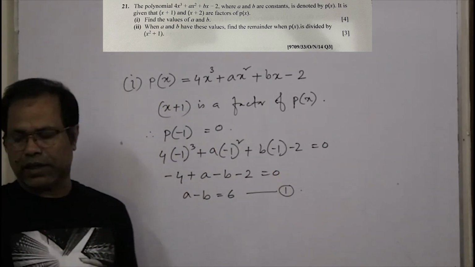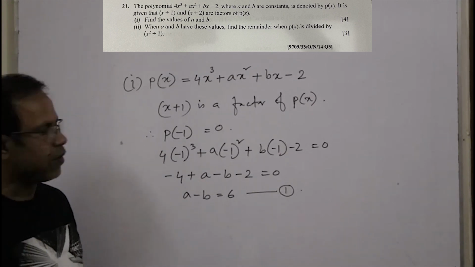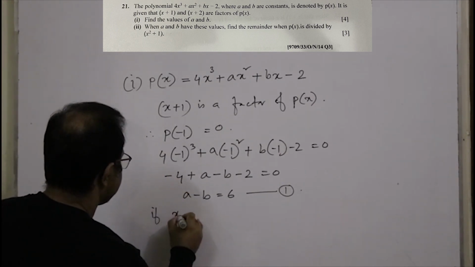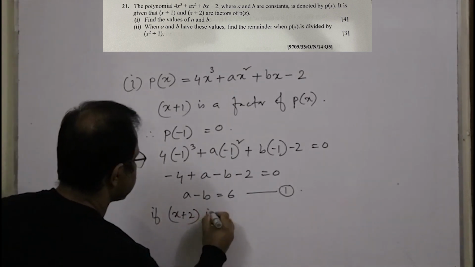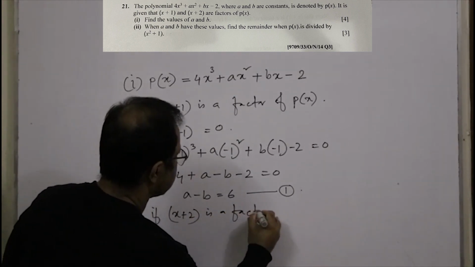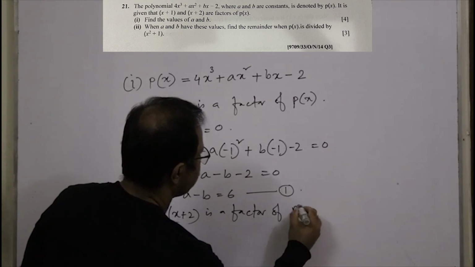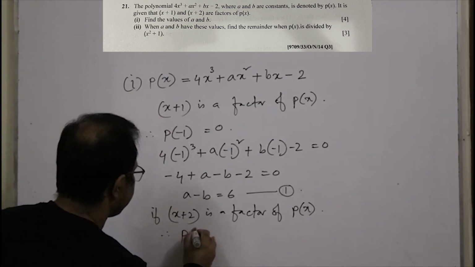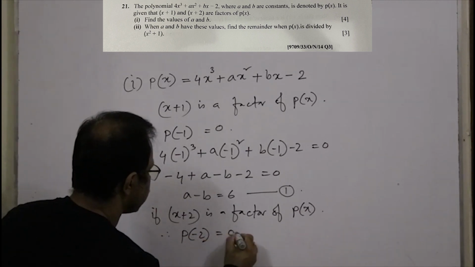Another part is x plus 2 is a factor of p of x, therefore p of minus 2 equals 0.